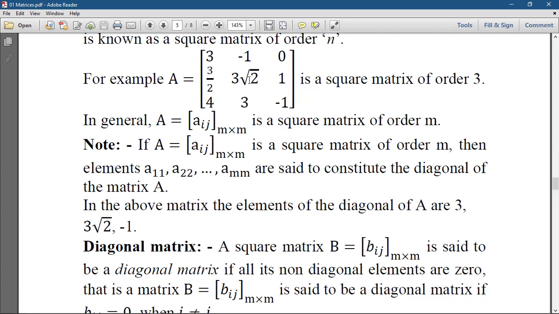That means elements which lie on the diagonal of the square.